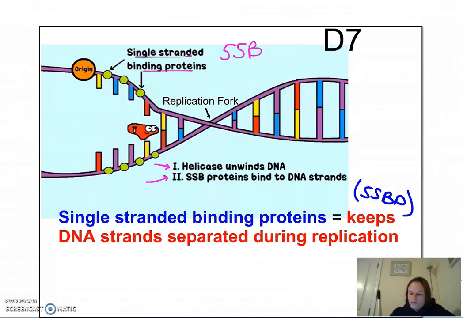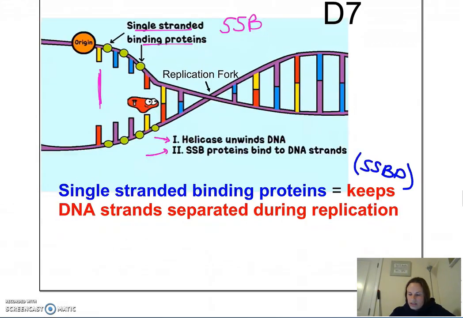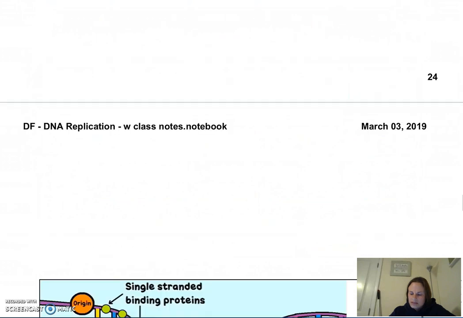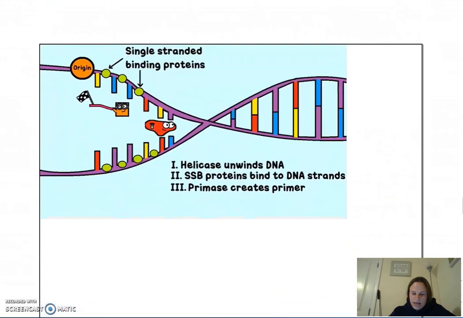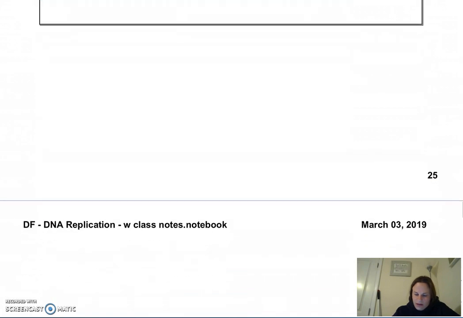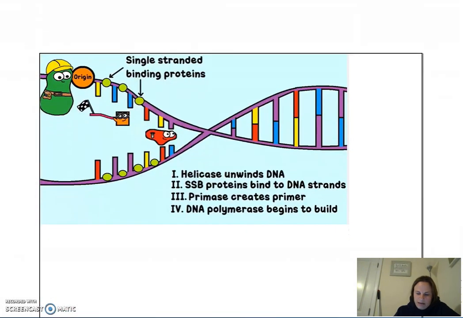In other words, it prevents the hydrogen bonds from reforming between our nitrogenous bases found on opposite sides of the DNA strand.